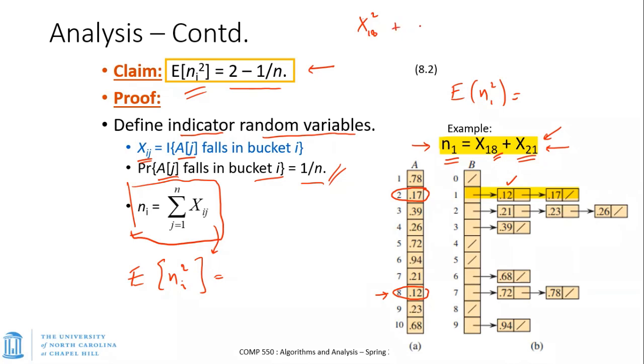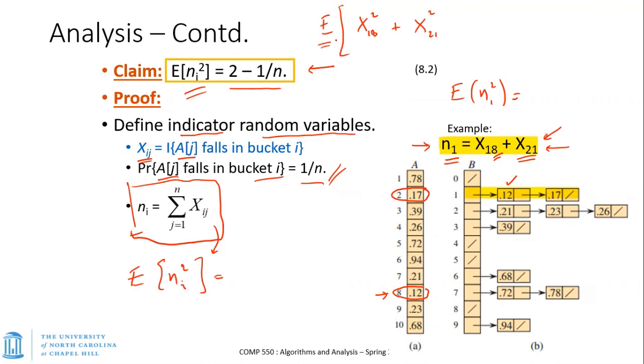All right, so you've got x1 squared, the expected value of x18 squared, expected value of x21 squared. Is that what you're saying? Right, so the expectation is still there.